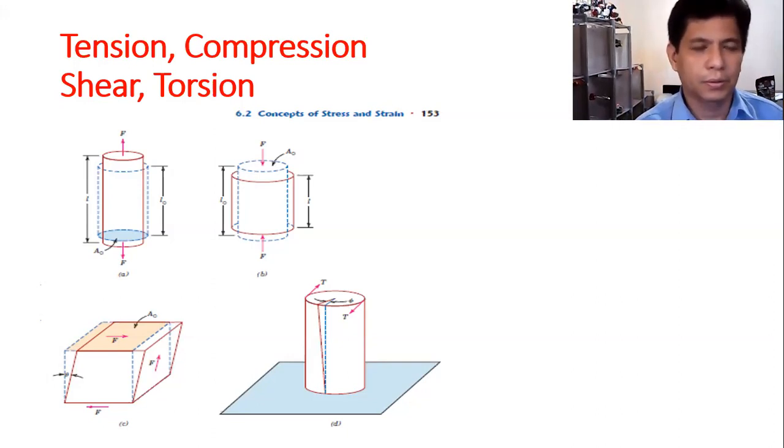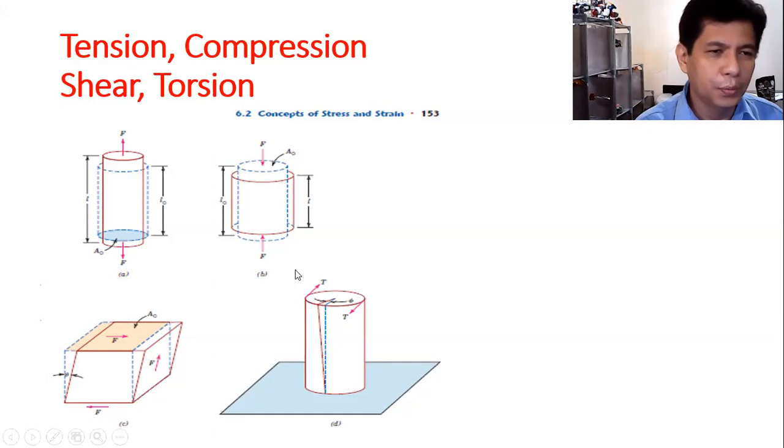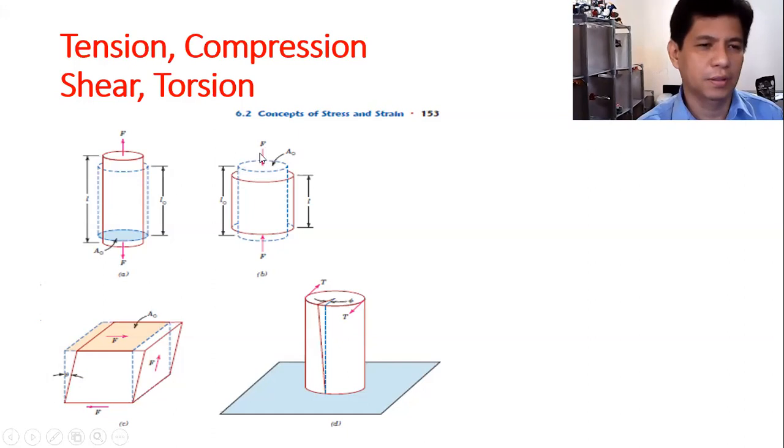Okay. So, next, letter B. We have compression. As you can see, the force is still perpendicular to the area, but this time it's compressive. It acts towards each other, so you're compressing the material.